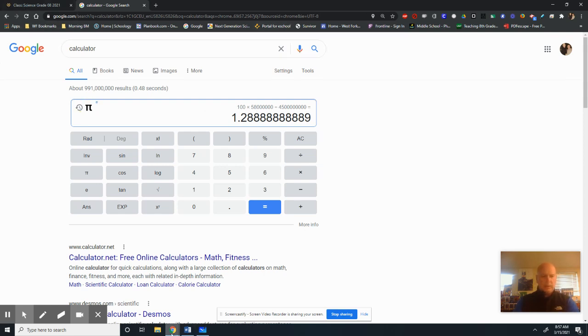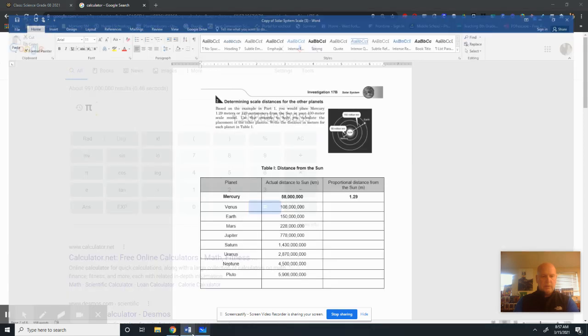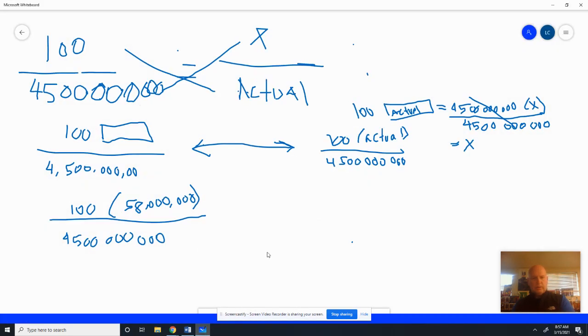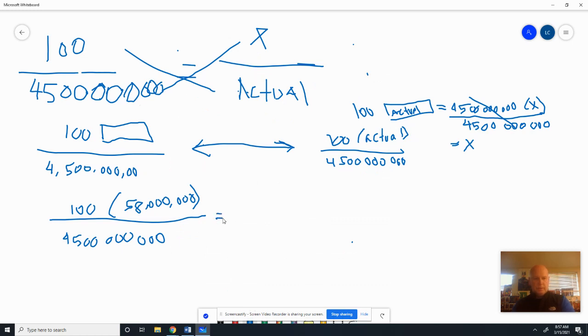Let's go back over to our chart. It equals 1.288, I think we're repeating 8, which will round up to 1.29.